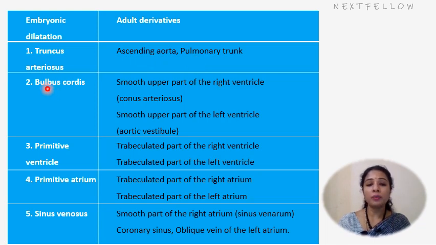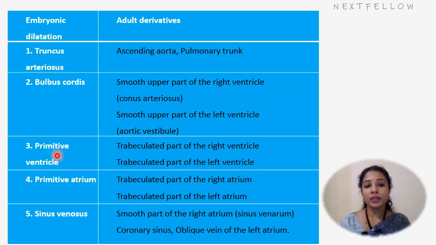Bulbous cordis forms the smooth part of the right ventricle, called conus arteriosus, and the smooth part of the left ventricle, called aortic vestibule. So bulbous cordis forms the smooth upper part of the right and left ventricles, called the outflow part.